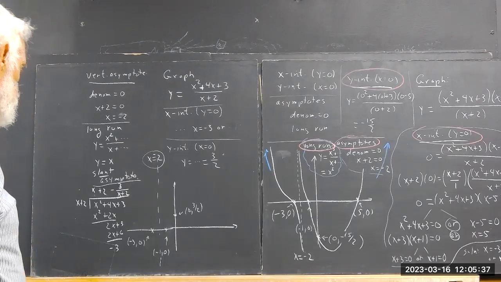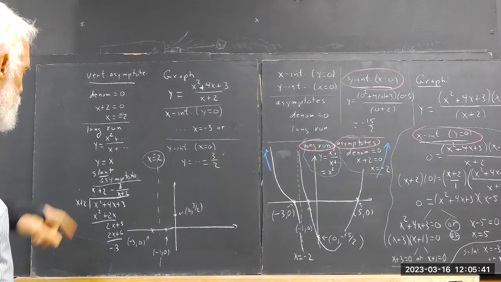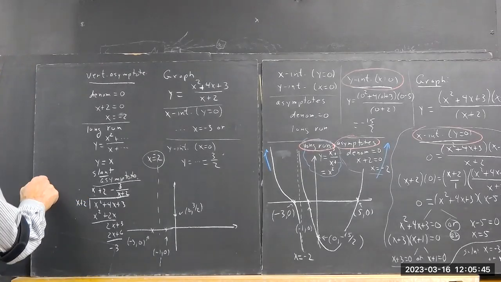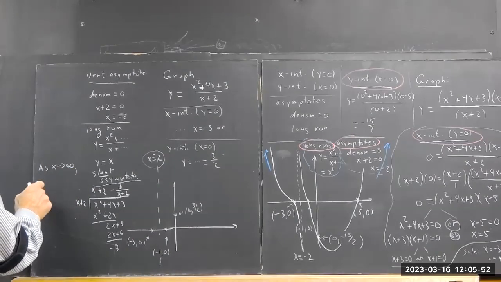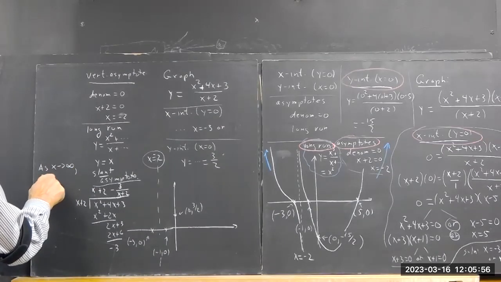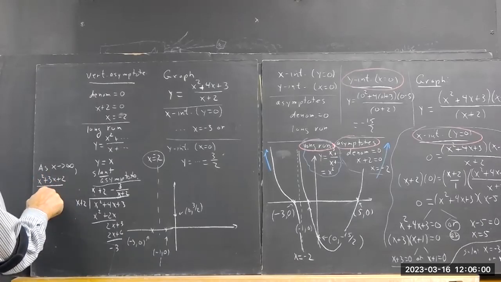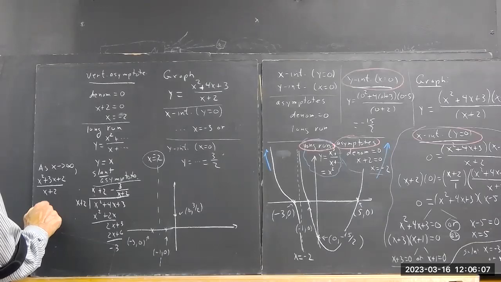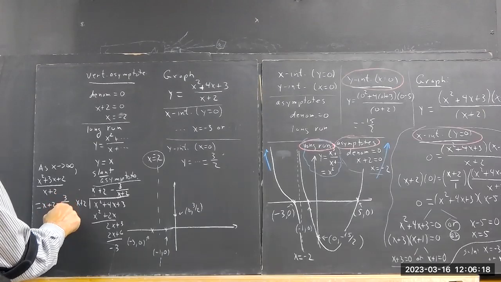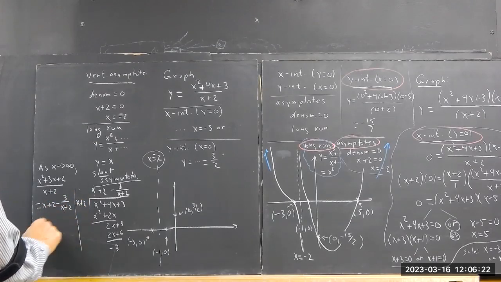And so as x goes to infinity, this, which equals this, approaches x plus 2.